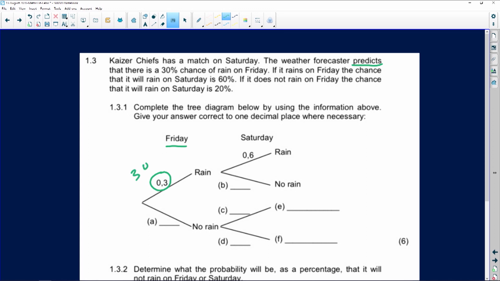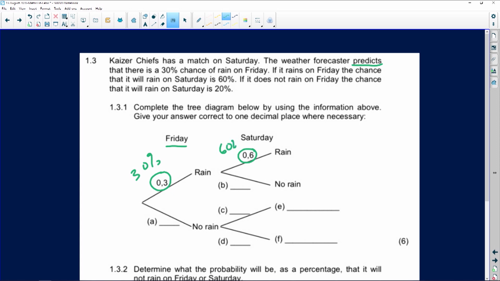I'll just write 30% over there as well. So we've been doing rain and no rain today. If it rains on Friday, the chance that it will rain on Saturday, so now they're linking with each other, will then be 60%, 60% being 0.6. So I'll write that as 60% over there.